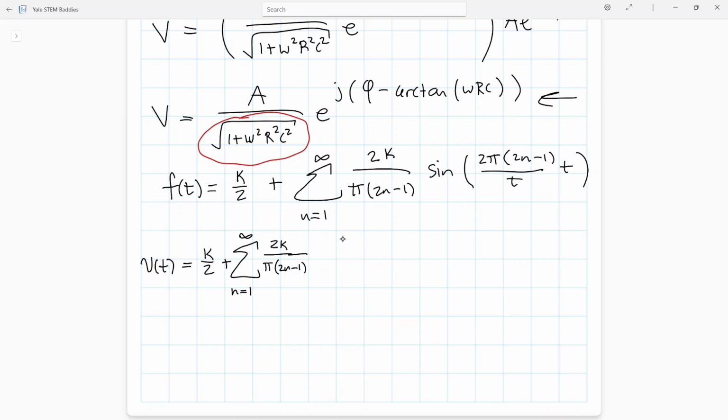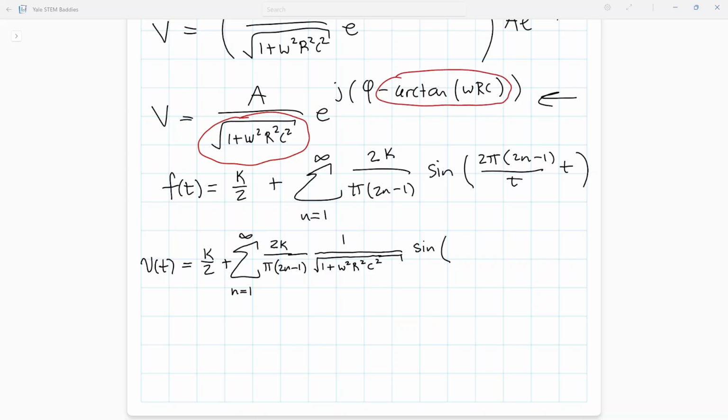So we're going to multiply by the reciprocal of this corrective factor. So we're going to get 1 plus omega squared r squared c squared, and we'll come back and talk about what omega should be there. And then finally, inside the parentheses here, let's also make sure we correct by this phase offset.